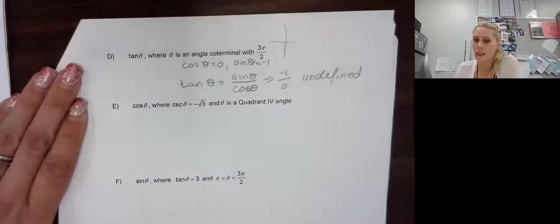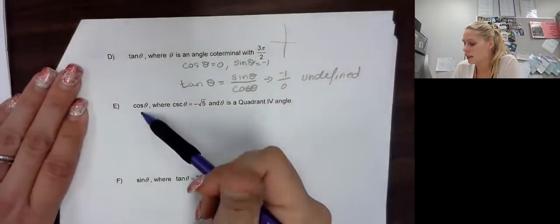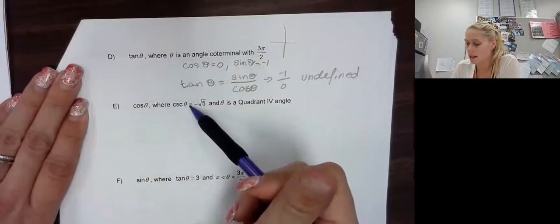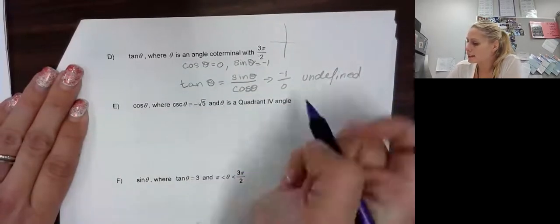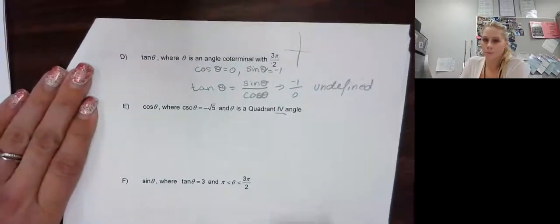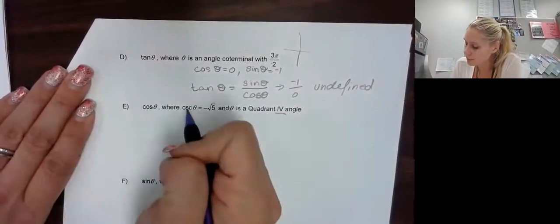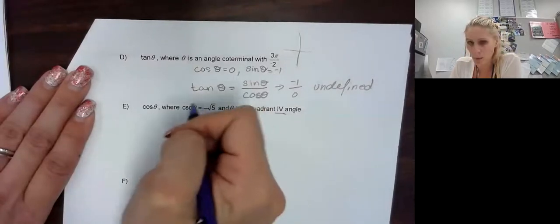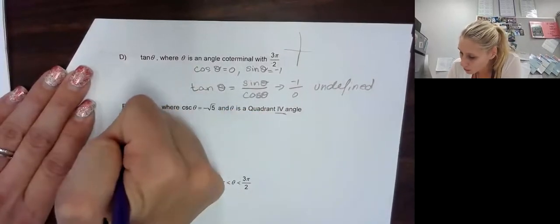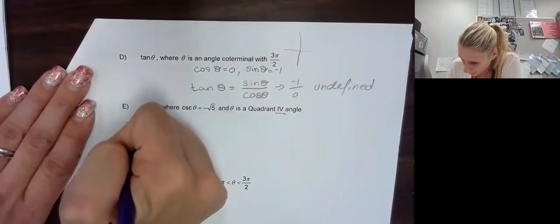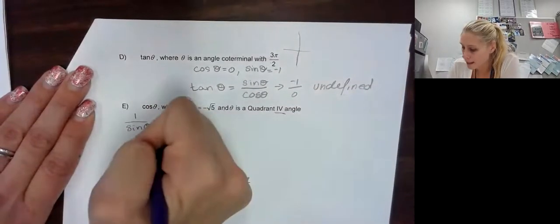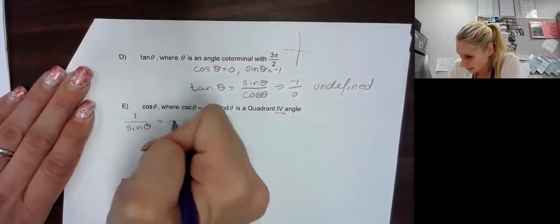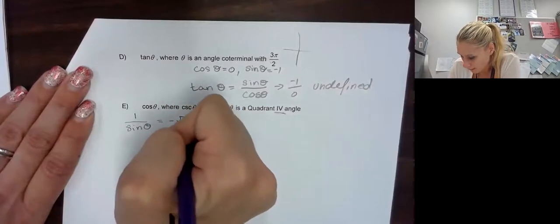Okay, so now in part E here, we're finding cosine of theta, where cosecant theta equals negative square root of 5, and theta is in the 4th quadrant. So let's manipulate this to something we can use, which is 1 over sine of theta. So 1 over sine of theta equals negative square root 5.